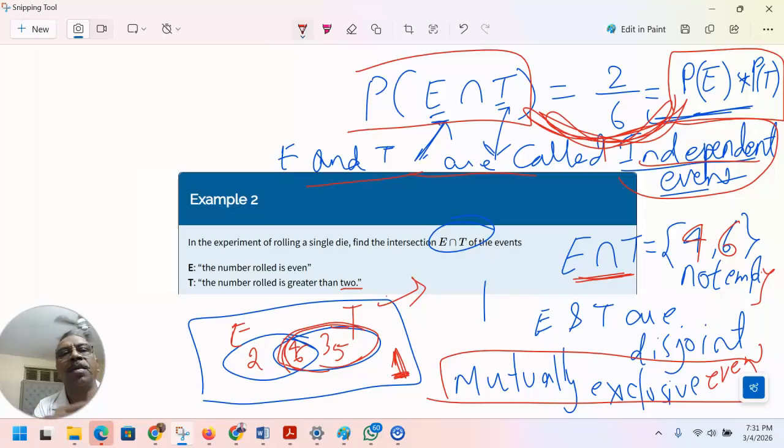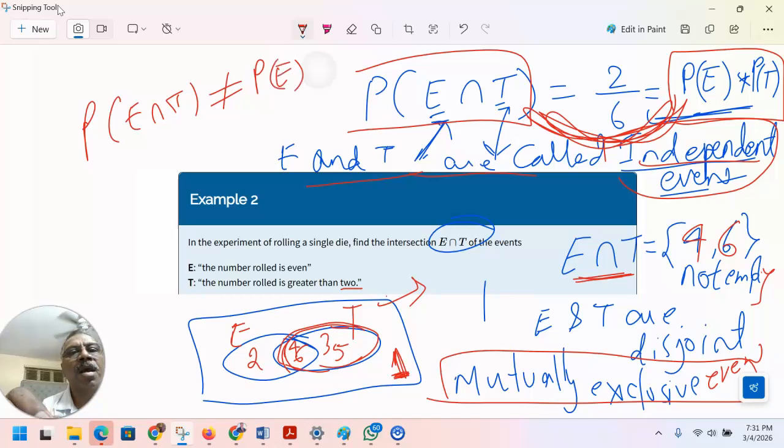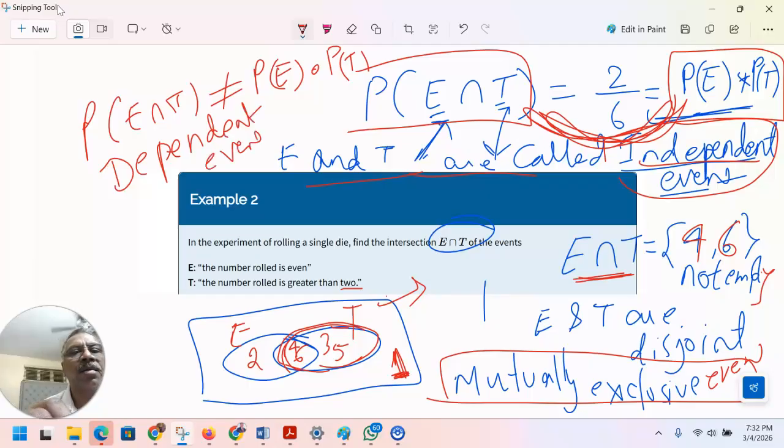So not always will the probability of E and T equal probability of E times probability of T. When it does not work, we call it a dependent event. There is a separate formula for that. Let's go to the next problem.